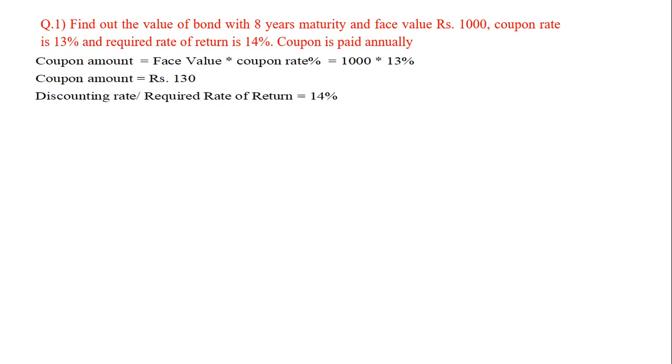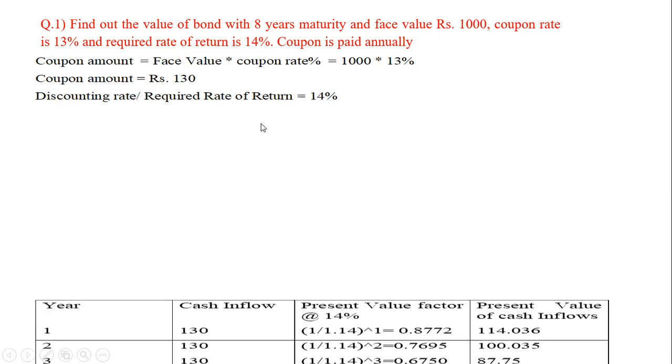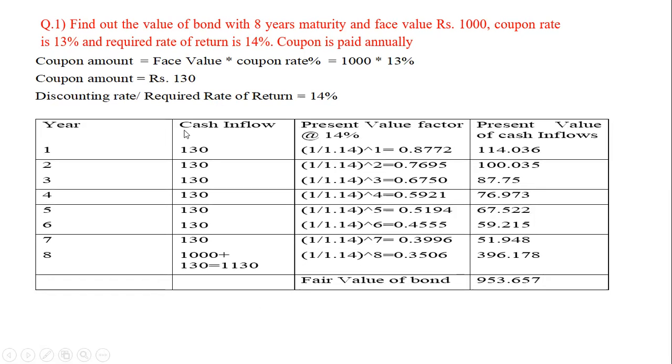The discounting rate used will be 14% for discounting the future values of 130, because this is the required return of the investor. So 14% means 14 divided by 100, 0.14. We will use the table, first year to 8th year.